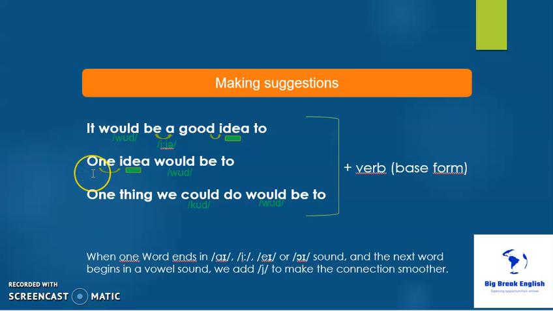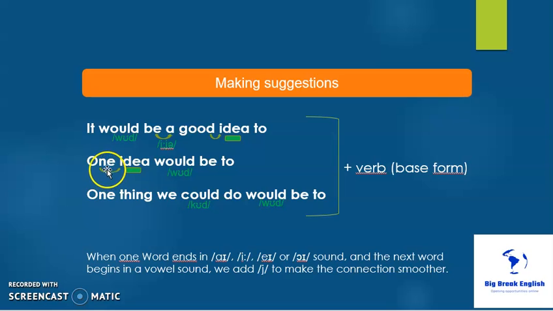Okay, then we've got one idea would be to, again, would, so the L doesn't sound. Again, we've got idea, stress on the second syllable, and we've got another case of a word ending in a consonant sound, n, and then the following word beginning with a vowel sound.